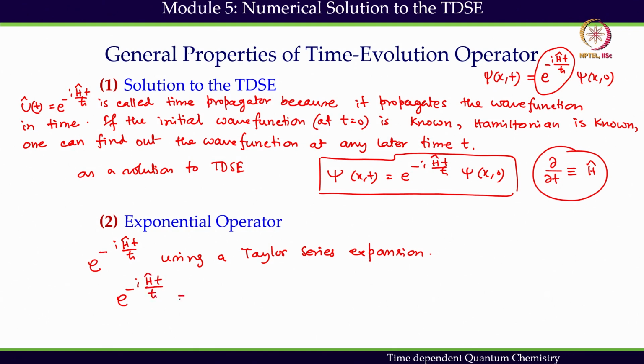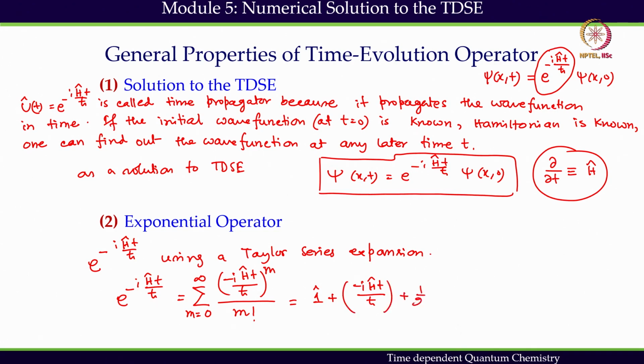It is nothing but the summation of m equals 0 to infinity of (minus iHt by h-bar) to the power m divided by m factorial, which is 1 plus minus iHt by h-bar plus 1 by 2 times (minus iHt by h-bar) whole square, and so on.